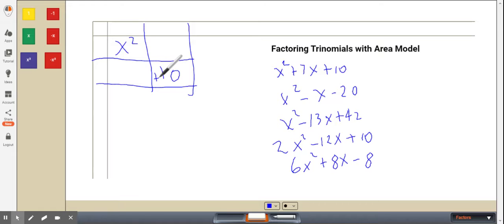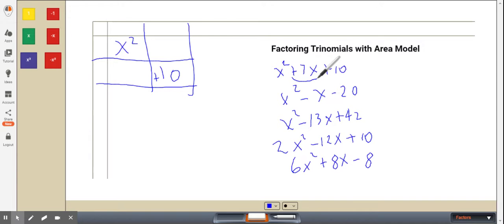Build our rectangle and place the first term, the x squared, on the top left and the independent on the bottom right. So now all we have to do is fill the other two spots by finding factors of the values that we have, keeping in mind that our midterm is 7x here. So let's start with that.